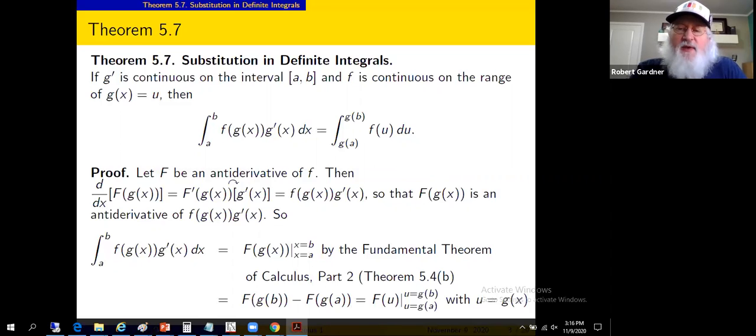I just did some change of variables. We've let u equal g(x). So this would be u equals g(b), this would be u equals g(a), where I take u to be the variable inside the function capital F. All right, there's a change of variable stuff, by the way.